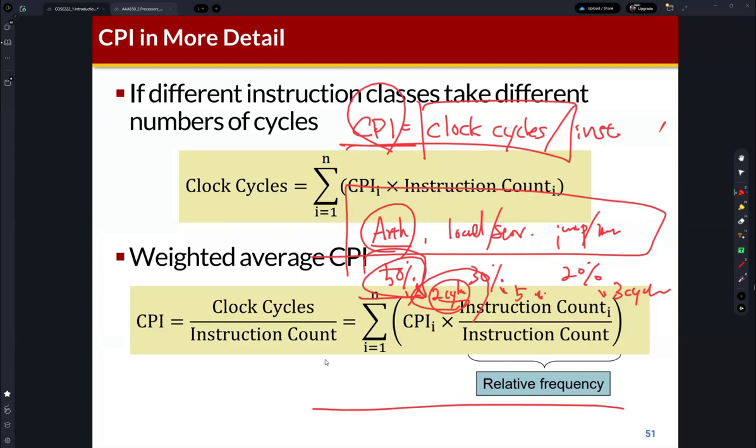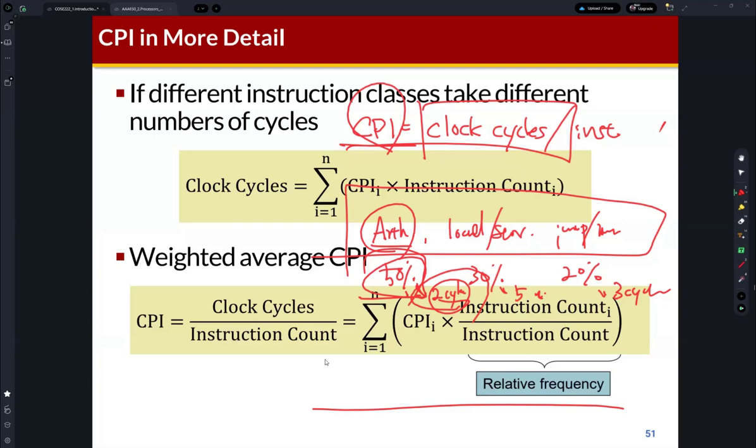By multiplying the weight of instructions with the average CPI of a certain class or type of instruction, we can calculate the average CPI. Then what does that mean? It means the CPI can be different for different applications.